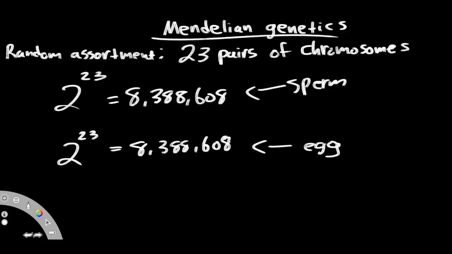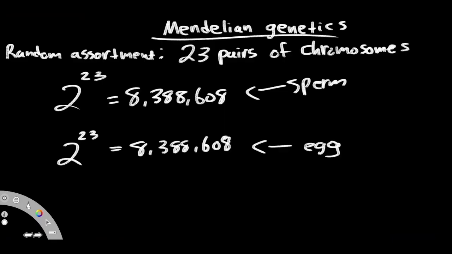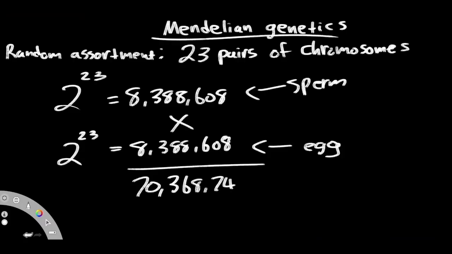So we obviously have to do something with these two, right? The sperm number and then the egg number of possible combinations. And obviously we have to cross them, right? You wouldn't add them. We're literally trying to cross the amount of combinations that you have in one gamete with other possible combinations in particular orders with the other gametes, right? So it wouldn't make sense to add. You would obviously have to multiply. So you end up getting a very, very large number. It would be 70,368,744,177,664 possible combinations in an offspring.